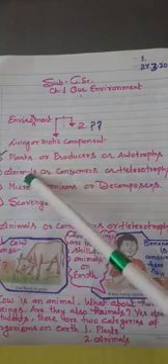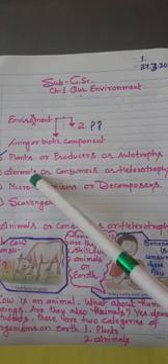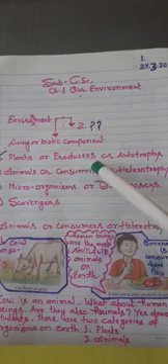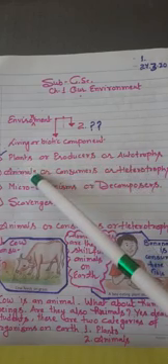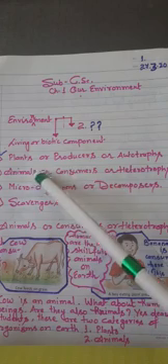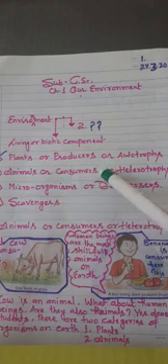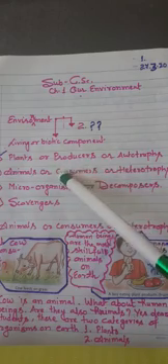Come to the second component of this part of environment, that is animals or consumers or heterotrophs. When the first day I mentioned these four parts, I mentioned why these animals have another name. We will discuss it in detail later, so this is the day today we are going to discuss in detail.